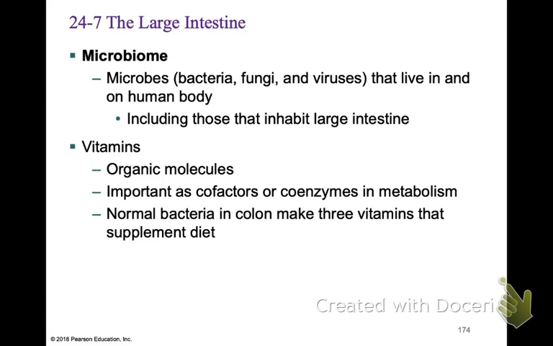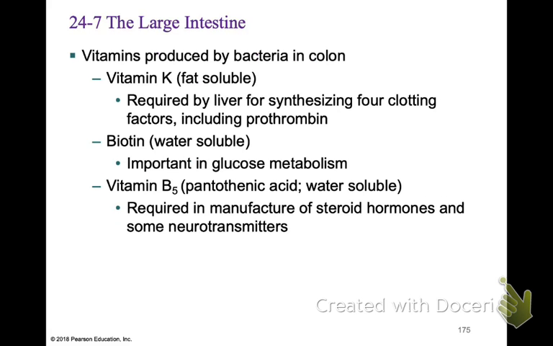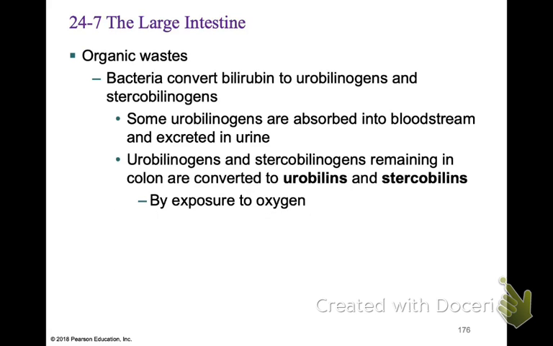The bacteria produce some of the vitamins, some of the B vitamins, and vitamin K. So the B vitamins are biotin and vitamin B5, and so you really don't need to ingest these necessarily, but notice that vitamin K is used in clotting. I think we should have already known that. And the B vitamins are involved in different aspects of metabolism.